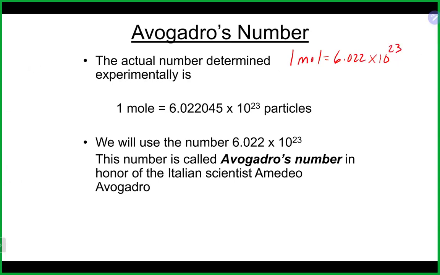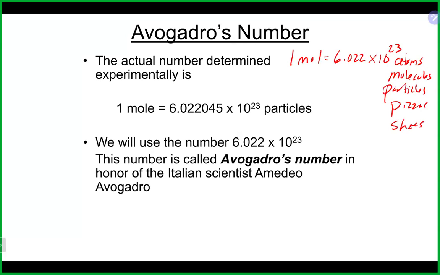Now, the units associated with this do change, so it depends on the situation. These could be atoms, molecules, particles, pizzas, or shoes. 1 mole of anything will equal that number, just like when you say a pair of something equals 2.